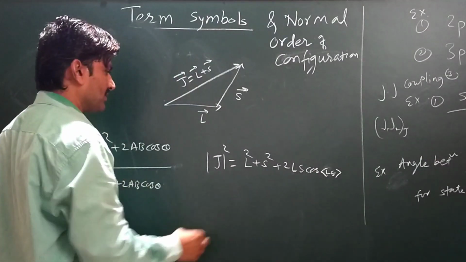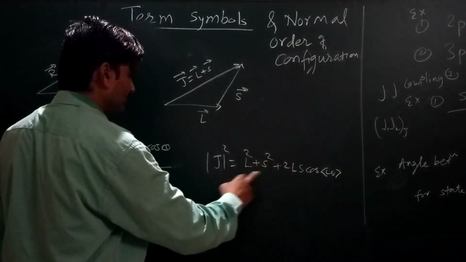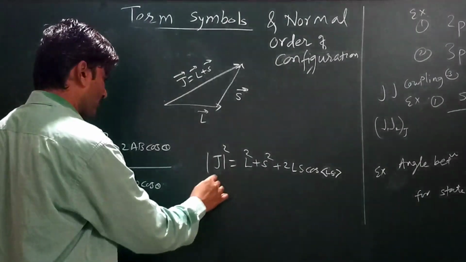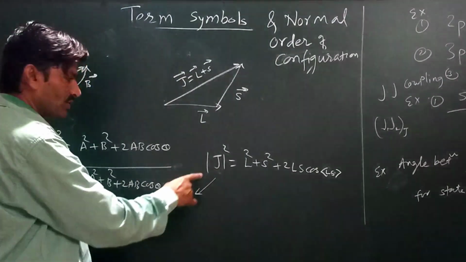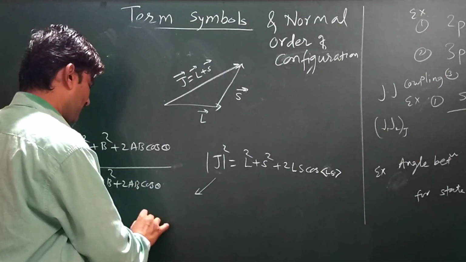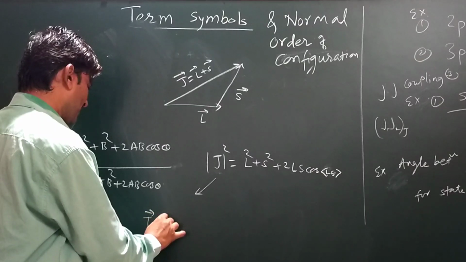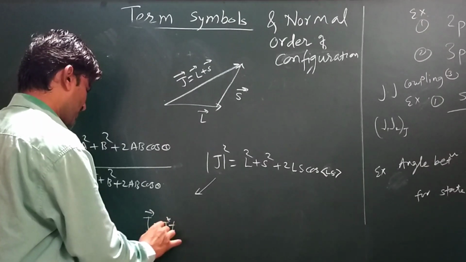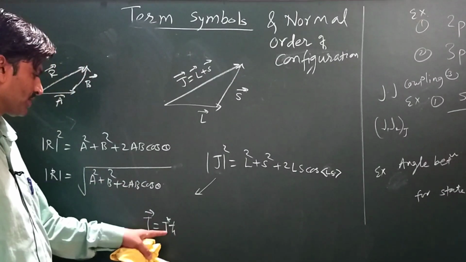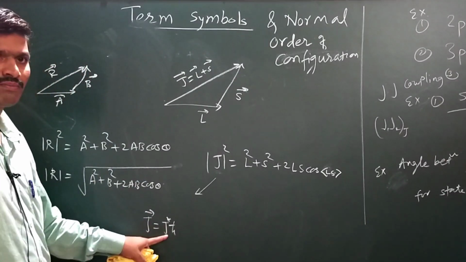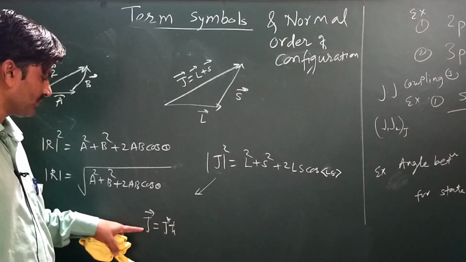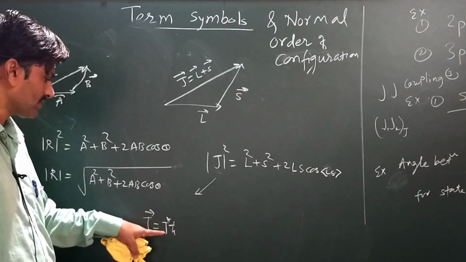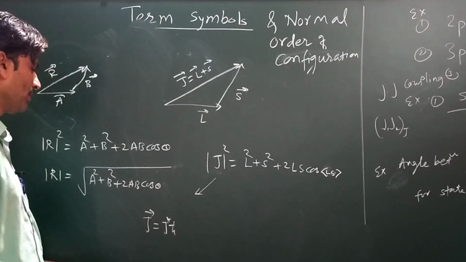Now what are the values of J in quantum numbers? The vector value of J is J star h cross, where J star is the quantum number related to the magnitude of total angular momentum.